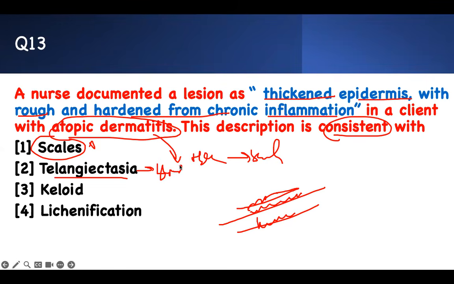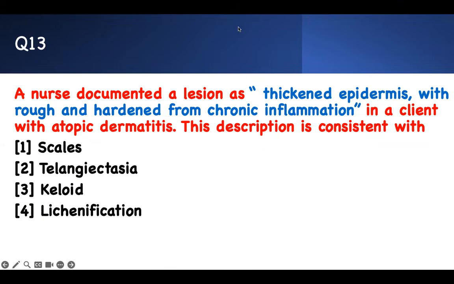This is dilated blood vessels on the skin that you can see. Keloid is a hypertrophic scar, basically overgrowing of collagen, and this is not it. Lichenification is the description of that. Scratching causes the skin thickening from chronic inflammation. It's lichenification.